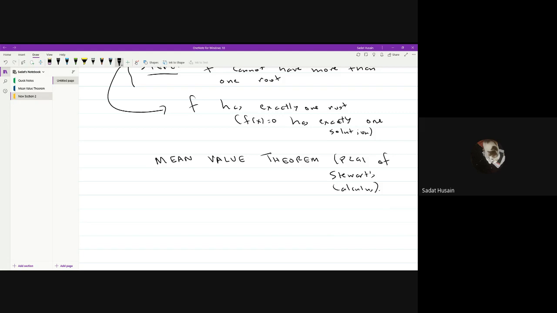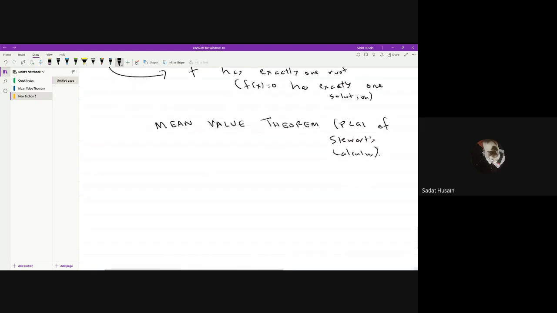So let's write a statement of the theorem first. Right. So let f be a function that satisfies the following conditions.